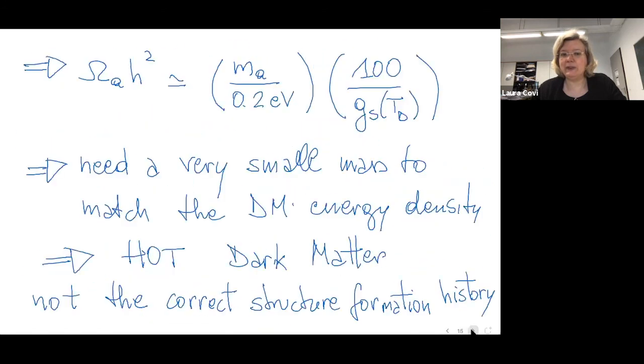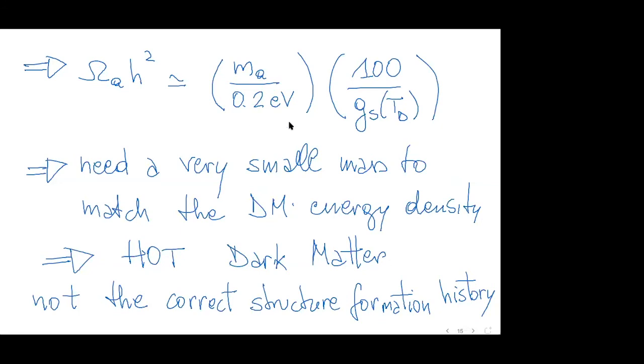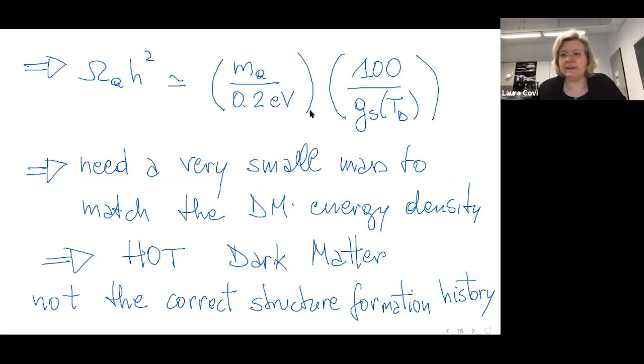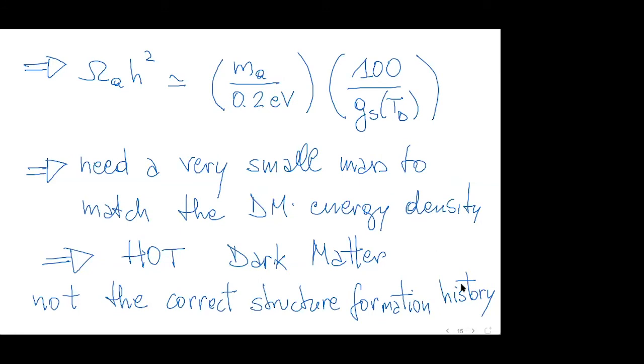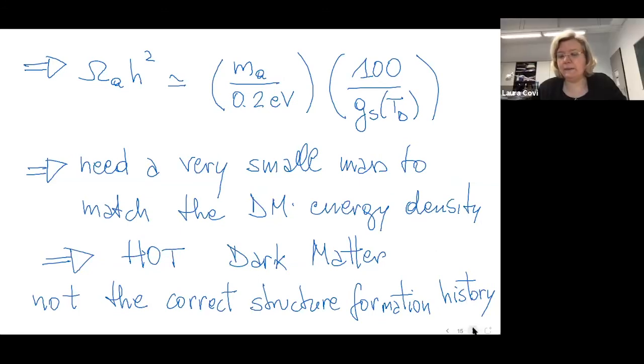Yeah, I see. So fuzzy dark matter is something with mass of the order of 10 to the minus 20 electron volt. So from this mechanism, you would have zero density practically. Okay. But from the misalignment, in principle, not.